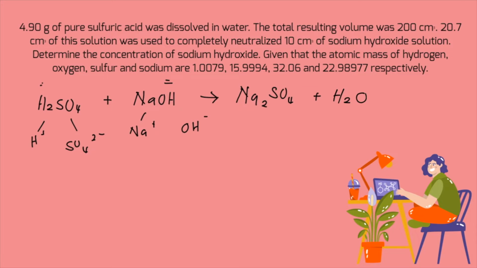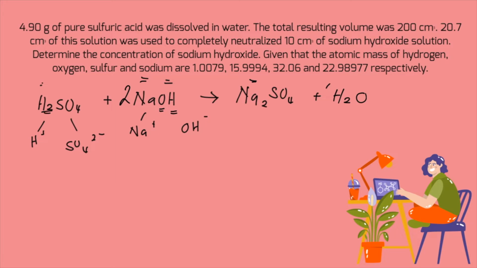So next you need to make sure that the equation that you make is a balanced one. So since here you have only one Na, but here you have two Na, so here you need 2 times 2. So it happens that when you times 2 for Na, you need to times 2 for the OH as well. So you have 2 OH here and another 2 OH here, so it means that you have 4 OH altogether.